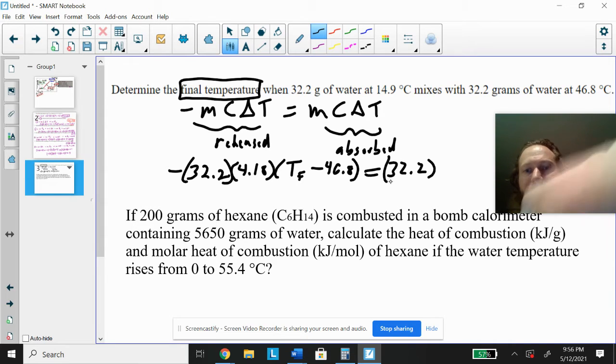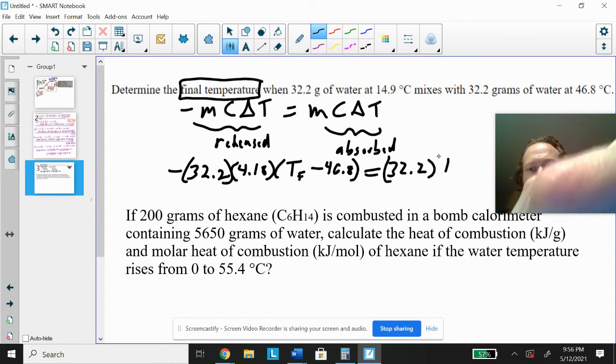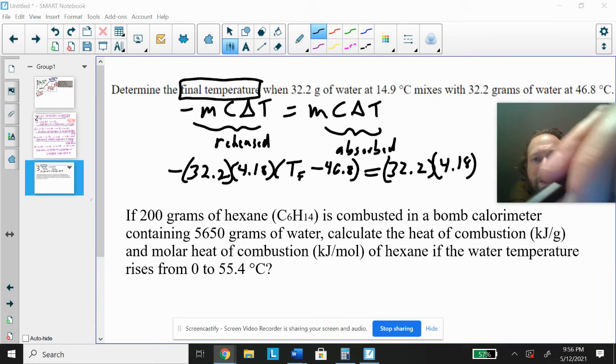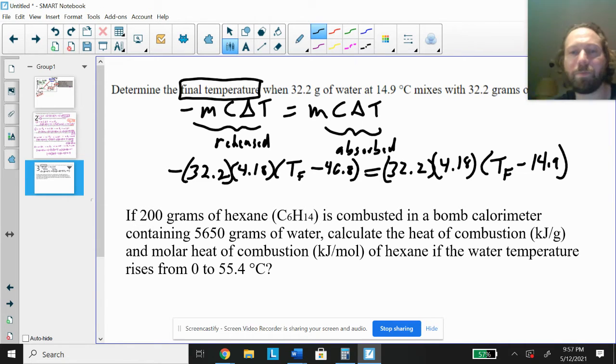32.2 grams. The specific heat is 4.18, because again it's liquid water, at 14.9 degrees Celsius. Again, we don't know the final temperature, so we're going to leave that as a variable, and we're going to subtract 14.9 degrees.